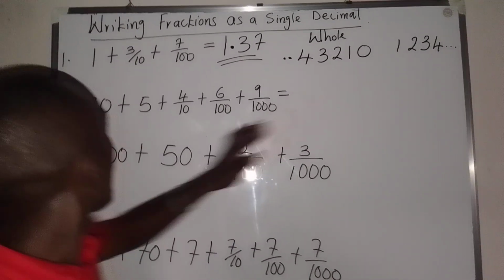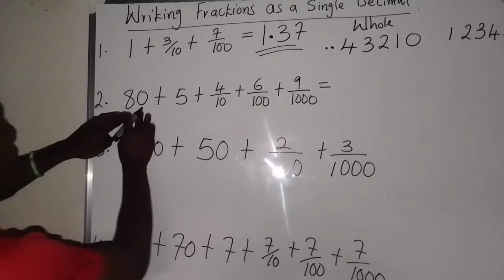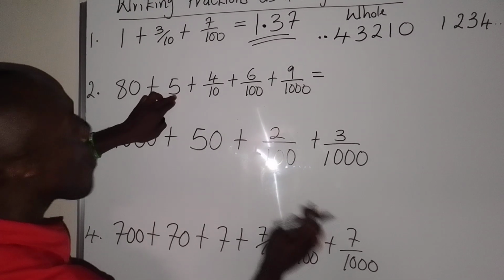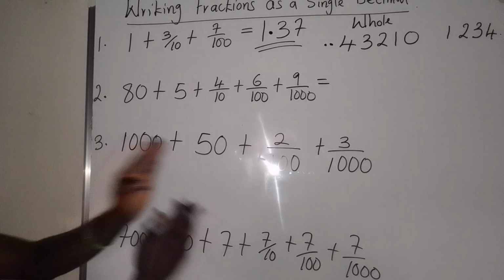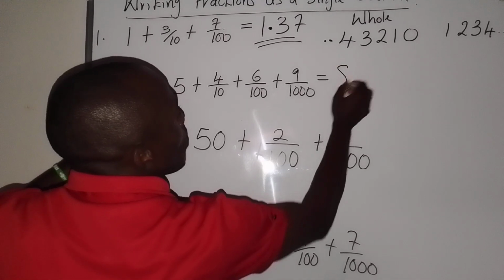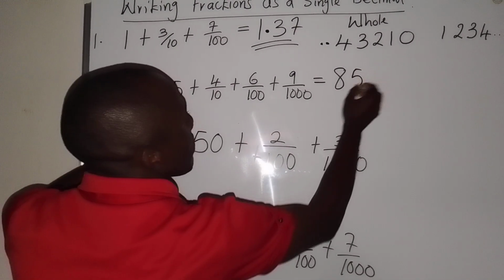So looking at this, we have a number with 1 zero, then followed by a number without zero. So they didn't skip any number. So we pick the first number, which is 8. We pick the second number, which is 5.